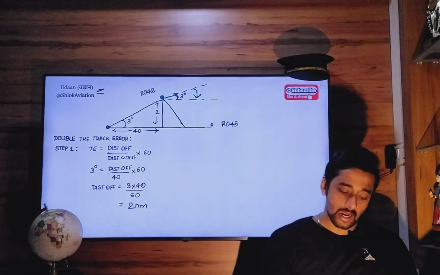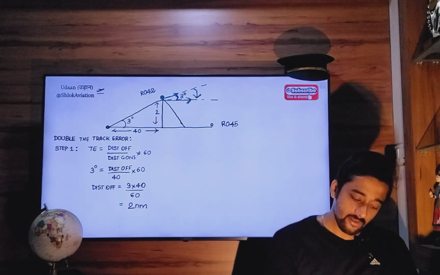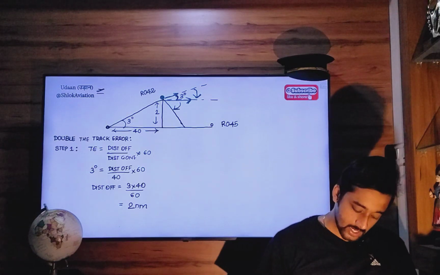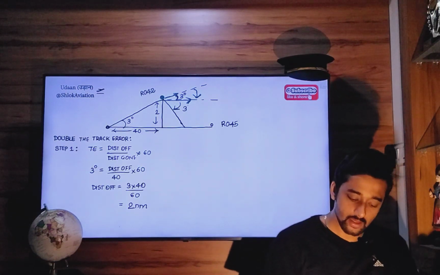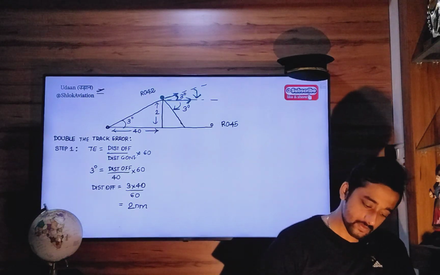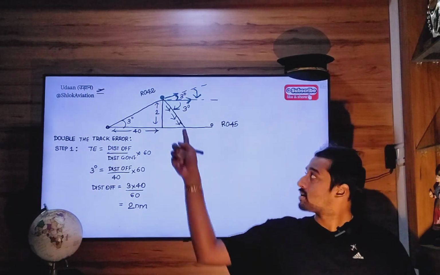When we make a right hand 3-degree turn, we will be flying parallel. So again, we will have to make another right hand 3-degree turn, to fly this particular heading like this. So your aircraft will be flying this heading like this.